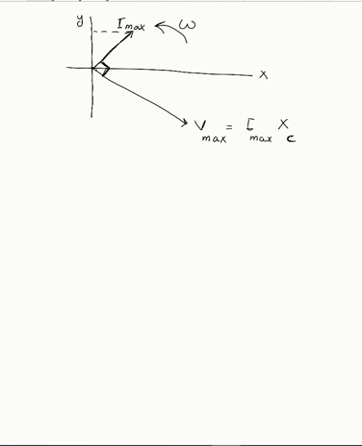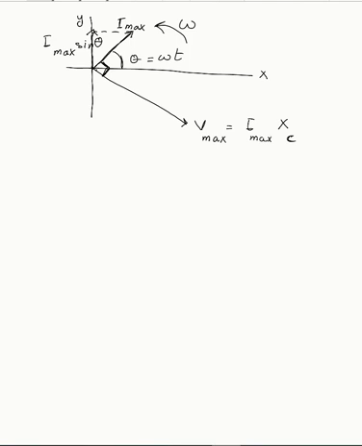Now, this theta here, like the previous case, is the omega t, and if I project the I maximum on the y axis, it should give me I max sine theta.